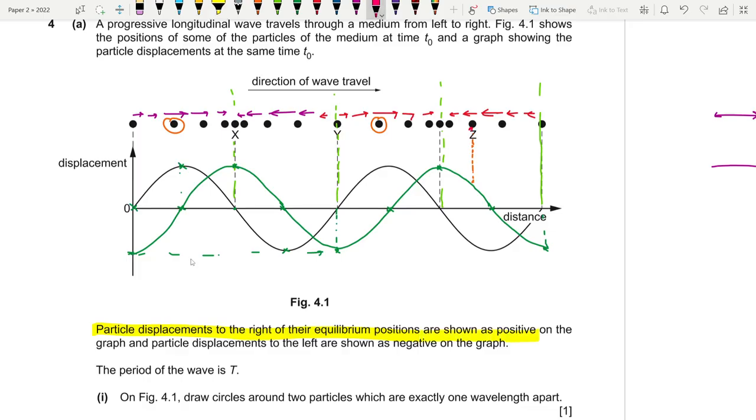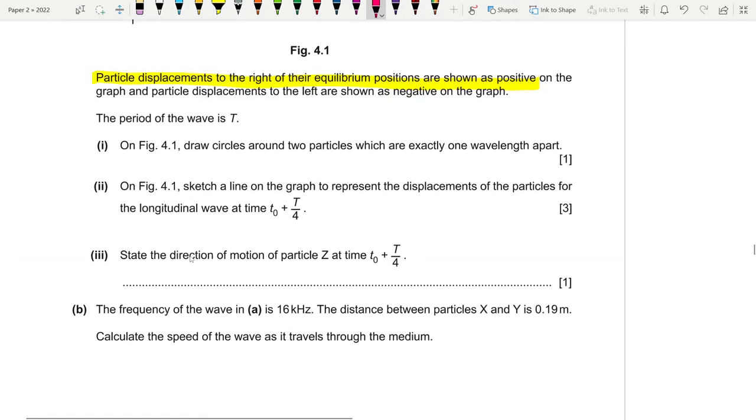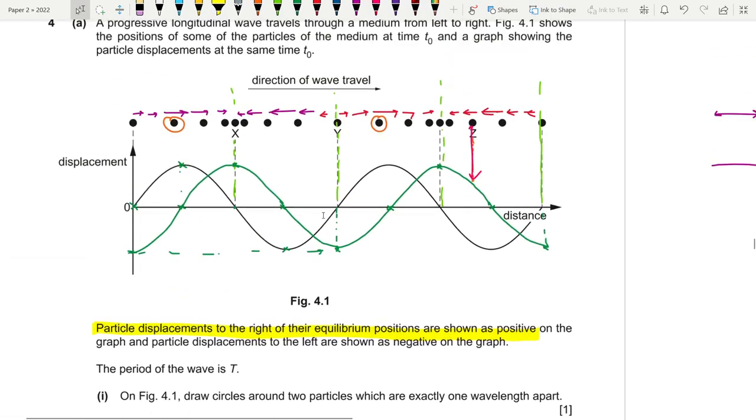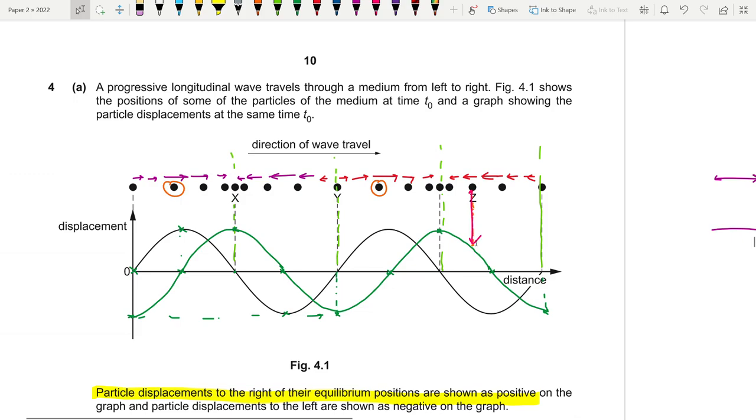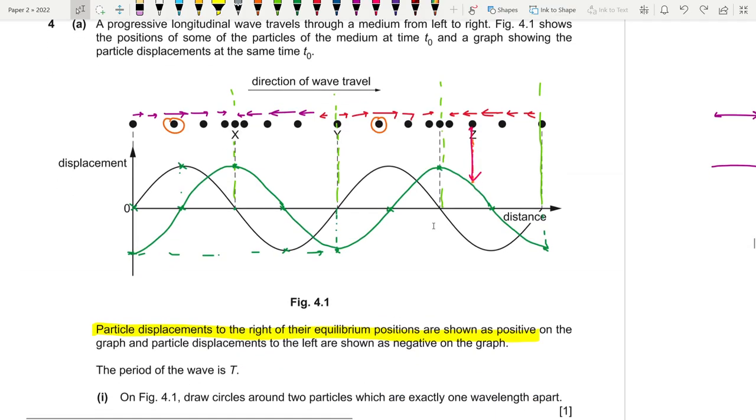So if you correlate z with this point over here, since we have a positive displacement, z is moving to the right. See if that makes sense. To the right. Or you could just say rightwards, because at this moment t naught plus T by 4, I can see that z has a positive displacement. On the other hand, something like y has a negative displacement, so it's moving to the left. Does that make sense, guys?